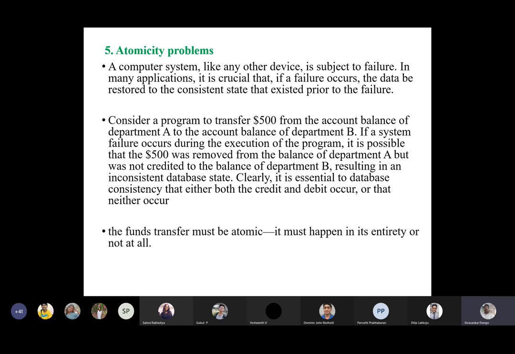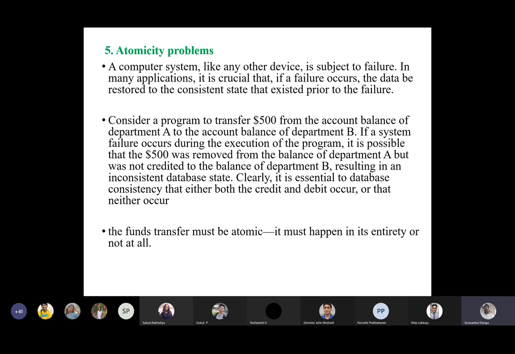The transaction should occur completely or not at all. It is known as atomicity. Database management systems guarantee this atomicity property, whereas a conventional file processing system does not.